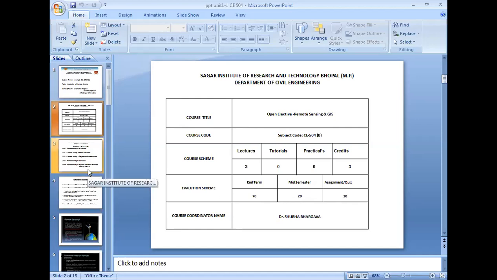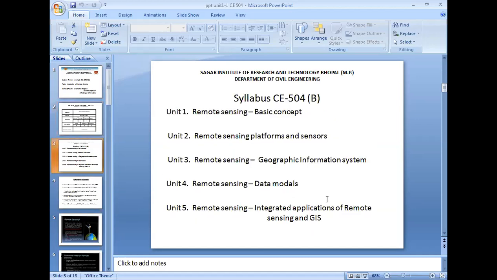Okay, and I think this much is your syllabus. In the first unit, we will discuss the basic concepts. Some basic concepts you have already learned in your basic classes in the first year also.